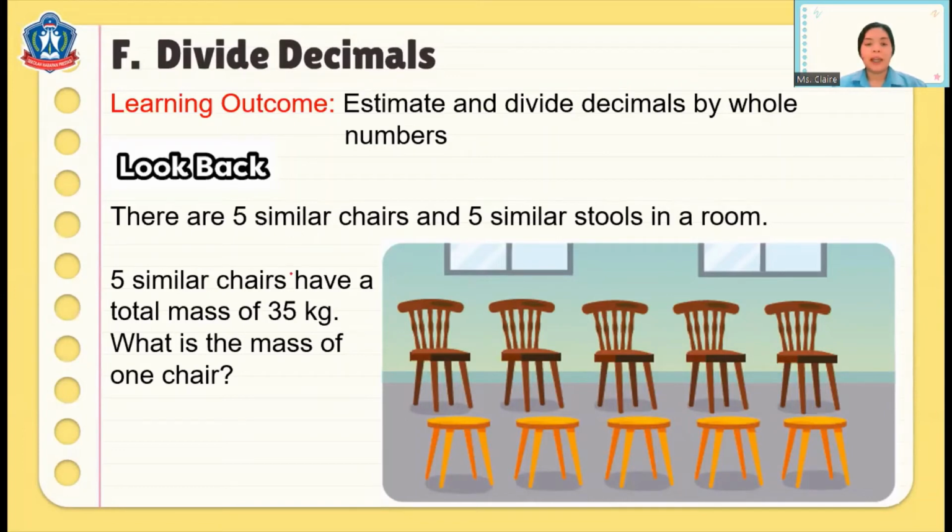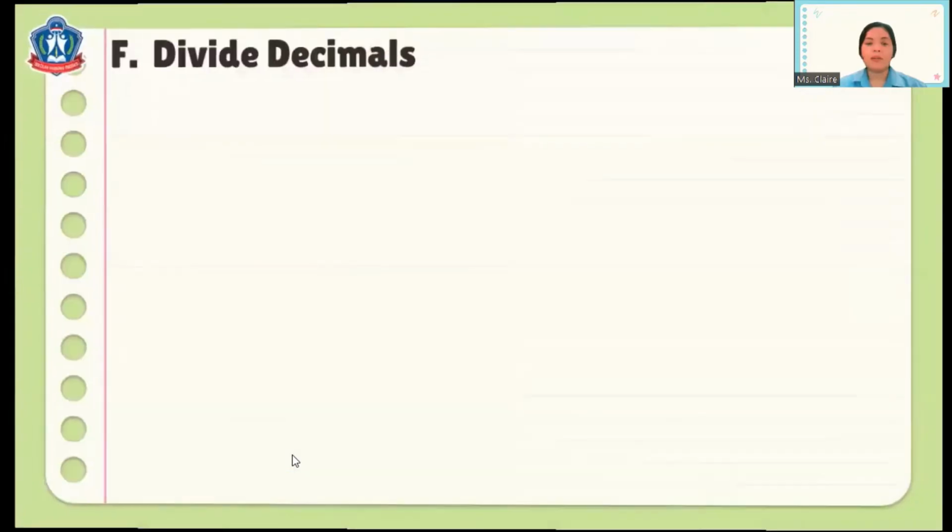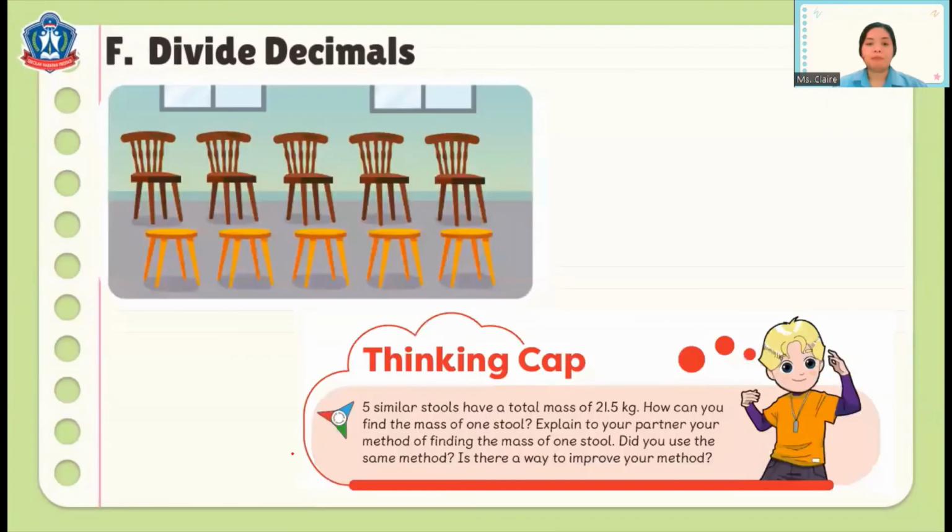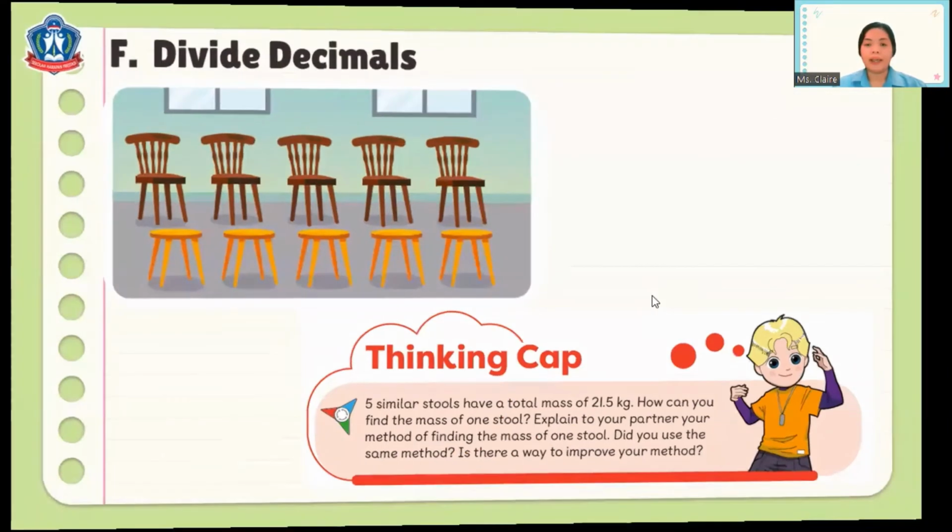The 5 similar chairs have a total mass of 35 kilograms. What is the mass of one chair? Okay, take a look here. The 5 similar stools have a total mass of 21.5 kilograms. How can you find the mass of one stool? Explain this during our class, okay?